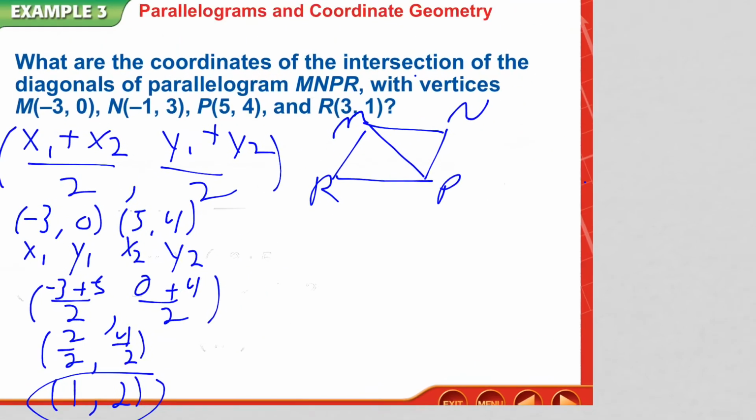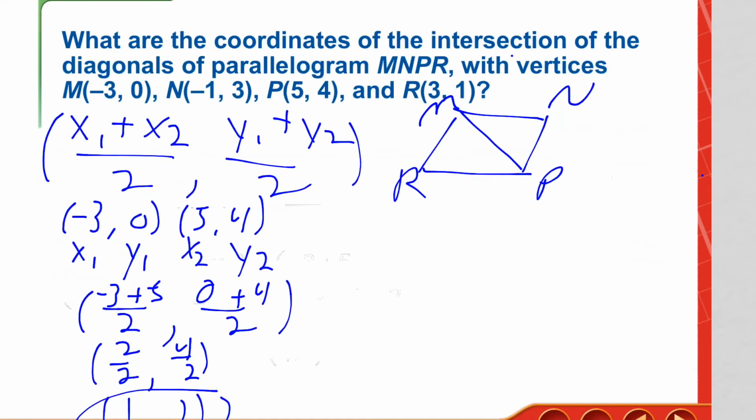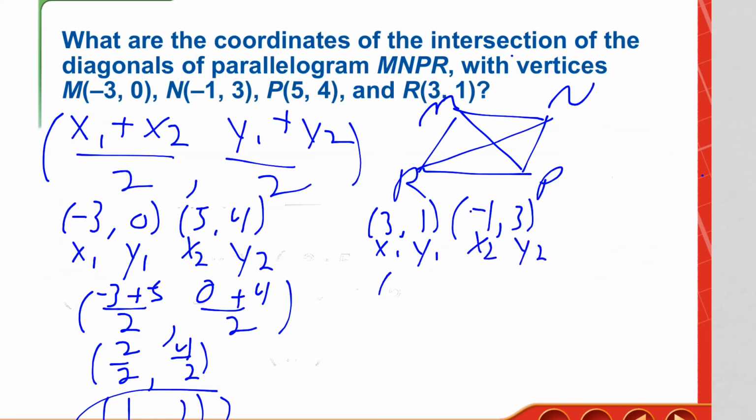We want to double check that the other one is also the same, so our other diagonal here is RN. So I'm going to start by writing down the coordinate for R, and then the coordinate for N. And then we again plug it in that formula, remembering that this is x1, y1, x2, y2.